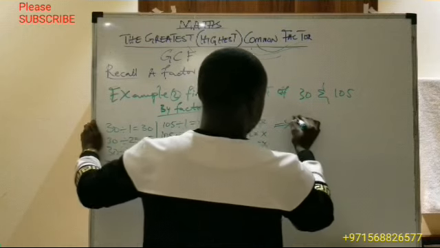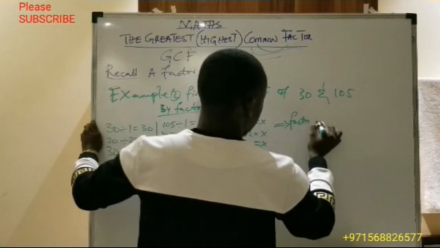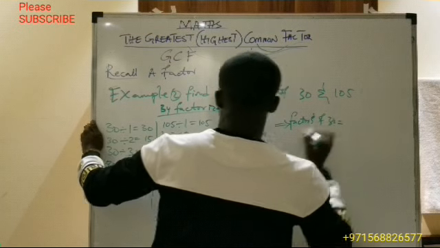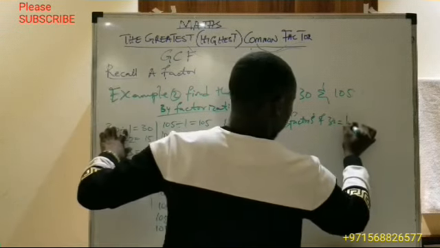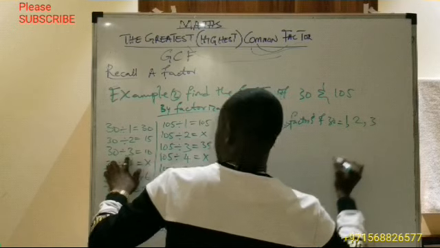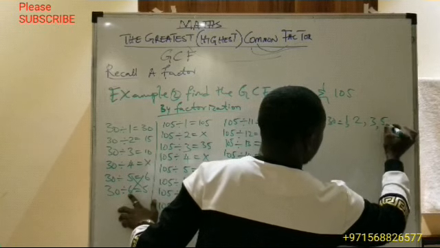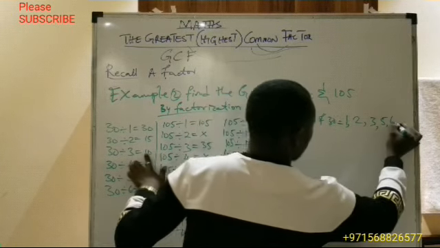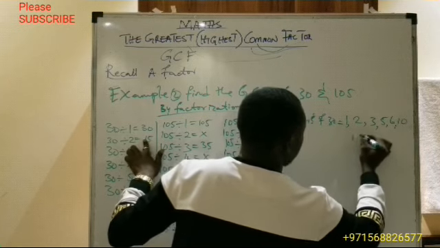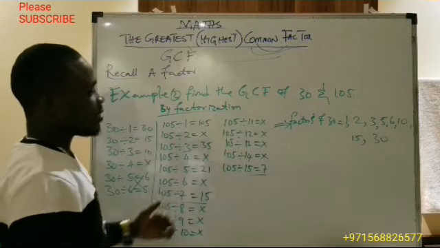This implies that the factors of 30 are 1, 2, 3, 5, 6, 10, 15, and 30. These are factors of 30.